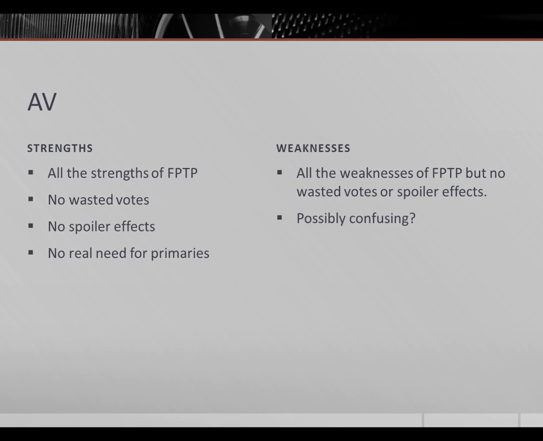All you'd have to do is let Republican voters vote for whoever they want in whatever order they prefer, and the electoral system would sort out which candidate ultimately gets elected by simply transferring second and third and fourth place votes of a candidate up to the one that they prefer. Okay, so it's got all the weaknesses of FPTP, but no wasted votes or spoiler effect. So it's basically a modification of FPTP with a few added benefits.